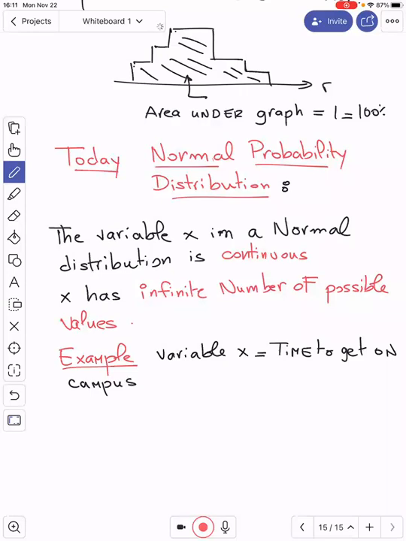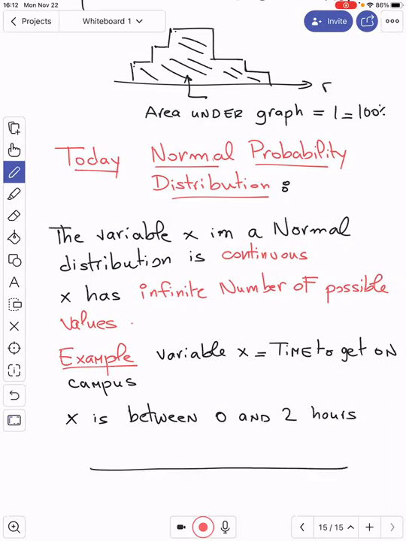So this variable X, for example, is the time to get to campus. Let's say you live in the Bronx, and usually you need between 0 and 2 hours to get to campus.